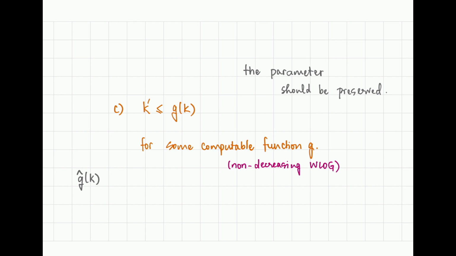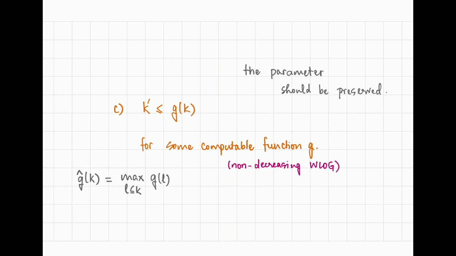So you can define ĝ(k) to simply be the largest value of g that you have seen so far. So let's just say that this is the maximum of g(l) over l at most k, and notice that if k' is bounded by g(k), then it's of course also bounded by ĝ(k), which additionally has the property that it is non-decreasing. And this is just a useful property to have, and we'll just stash this away at the back of our minds and invoke it when it's necessary in a couple of minutes.